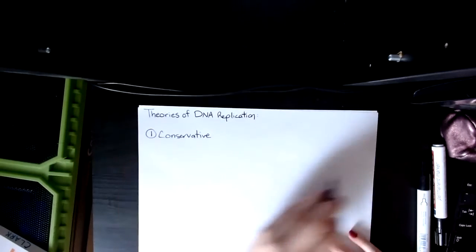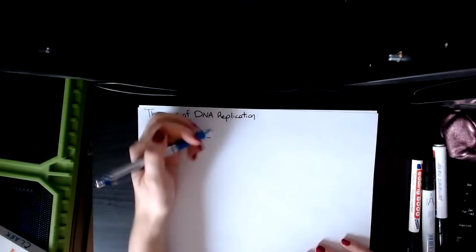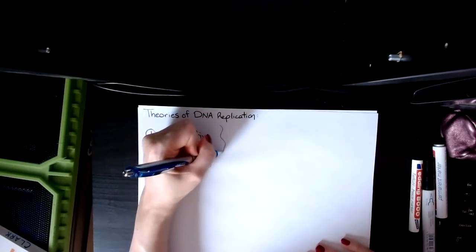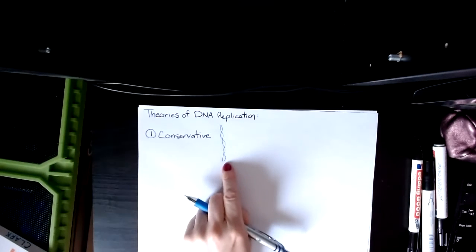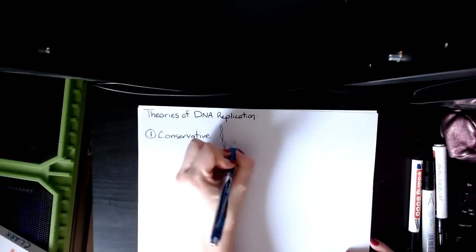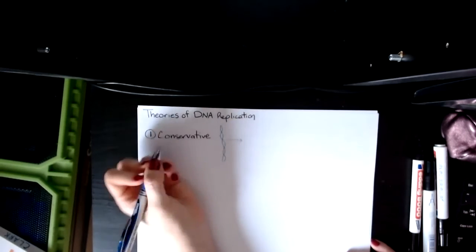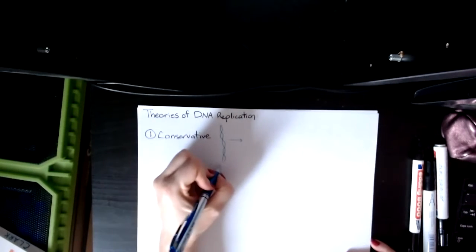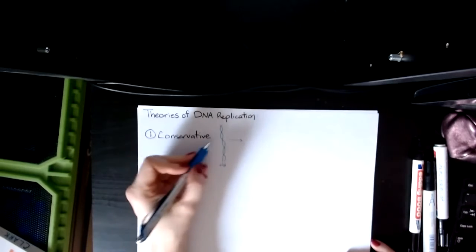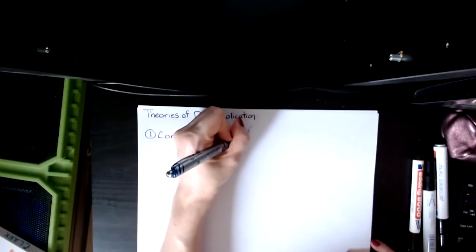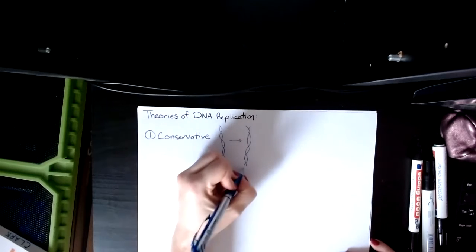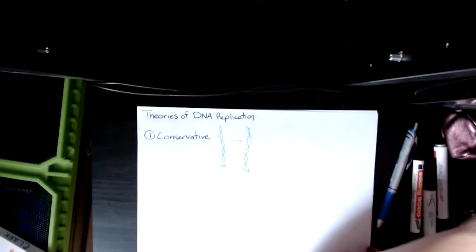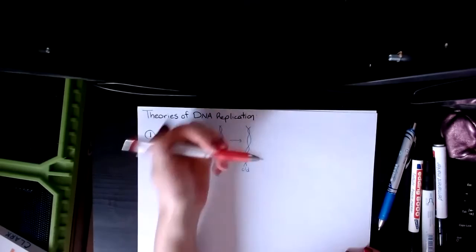The idea for the conservative is that, now that they know the structure of DNA, they knew that it was this double-stranded helix, and so the idea is, if this is the old molecule, that the two new molecules that were formed, one of them would be entirely old, and one of them would be entirely new.